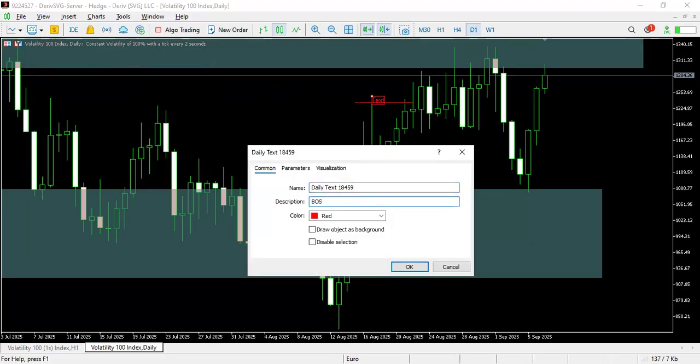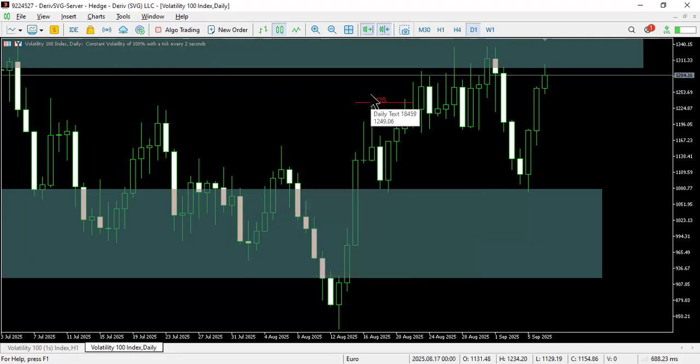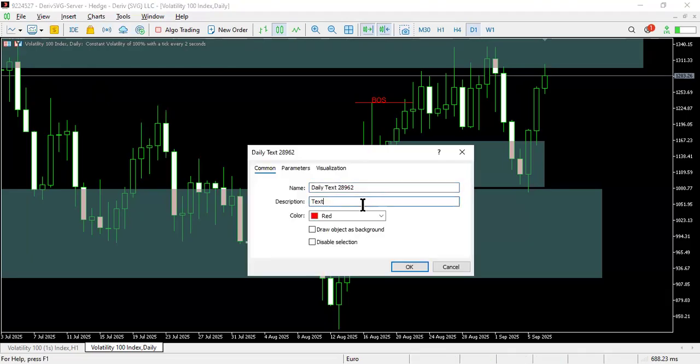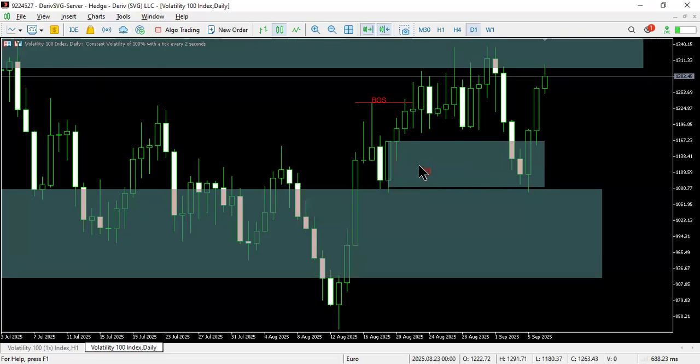Break of structure. And then price is reacting at our order block on the daily time frame.